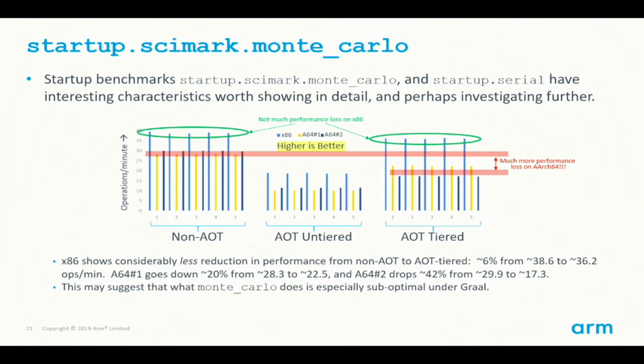That might suggest that our speed of loading code from .so files may not be as good as we'd like it to be. That's a possible interpretation. I'd like to understand that to be sure whether that's what's going on. But otherwise, as you can see, very roughly proportional in the case of untiered AOT.